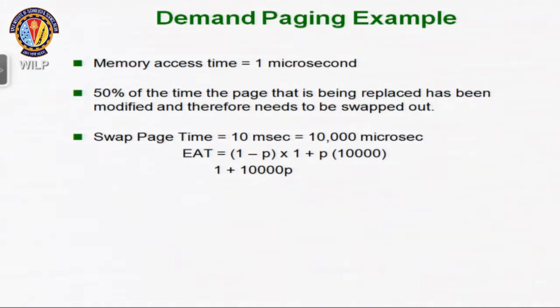And we say that if swap page time is 10 millisecond, that is equal to 10,000 microseconds, then effective access time can be computed in this way, and we can very clearly see that it will turn out to be 1 plus 10,000 P. So the smaller the value of P, we find that we would have better efficiency.